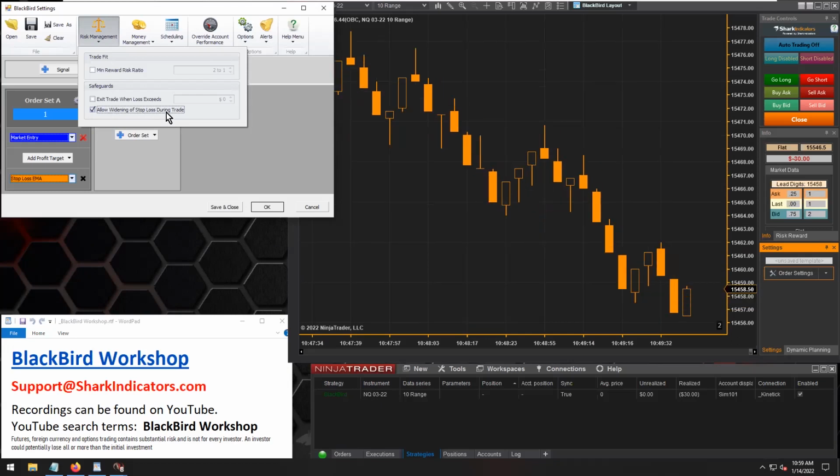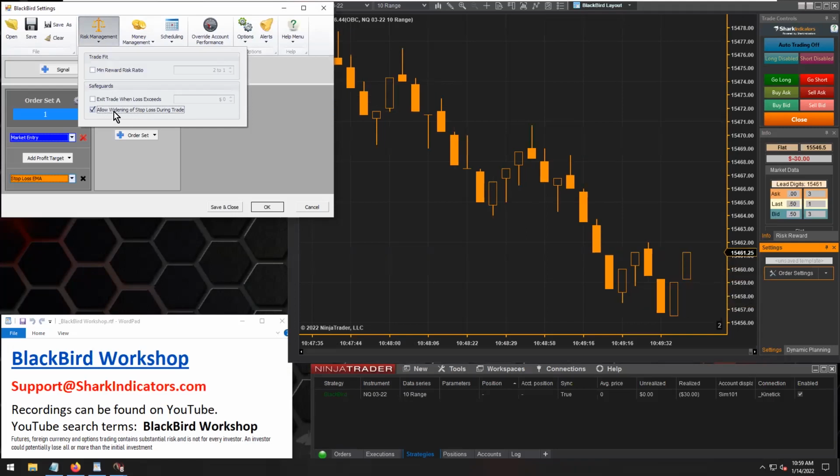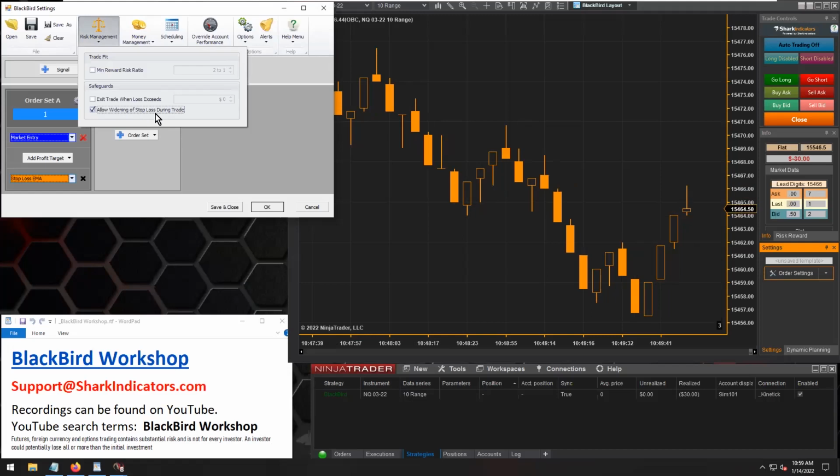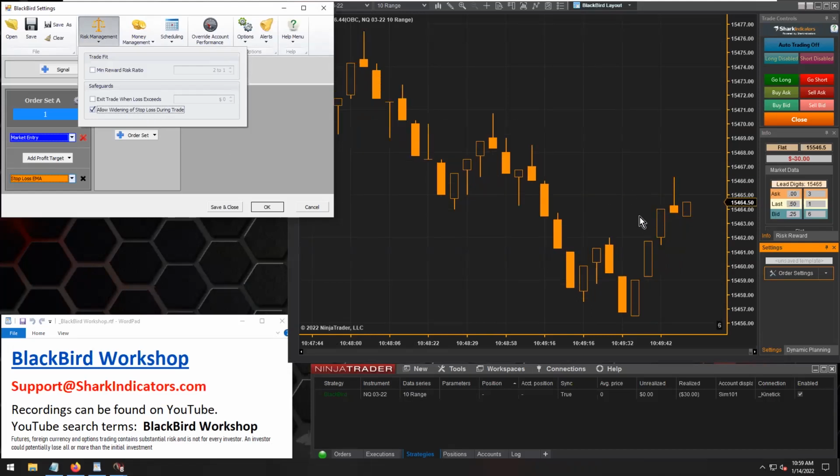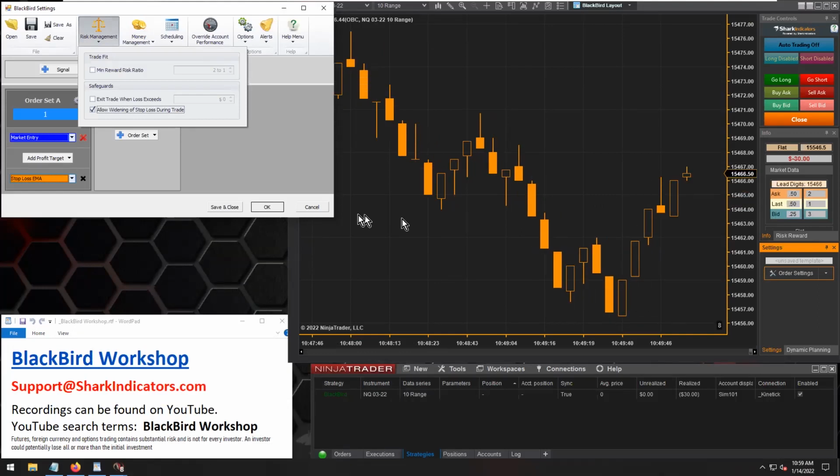Again, this is for trailing rules, so this allows your trailing rules to widen the stop loss. You can always grab a stop loss on the chart and widen it yourself manually. You don't have to have this checked in order to do that.